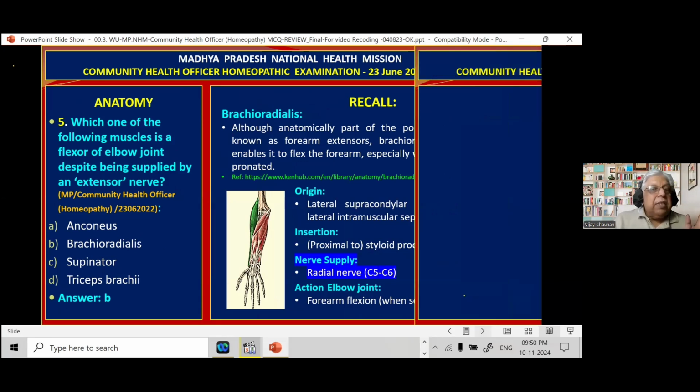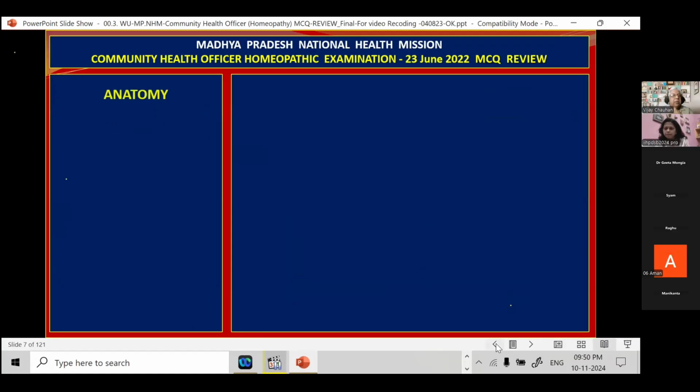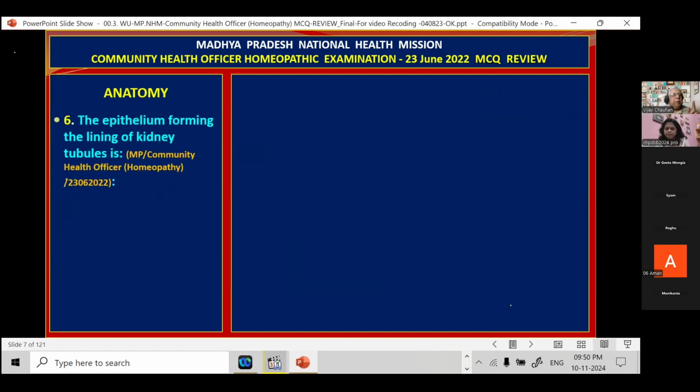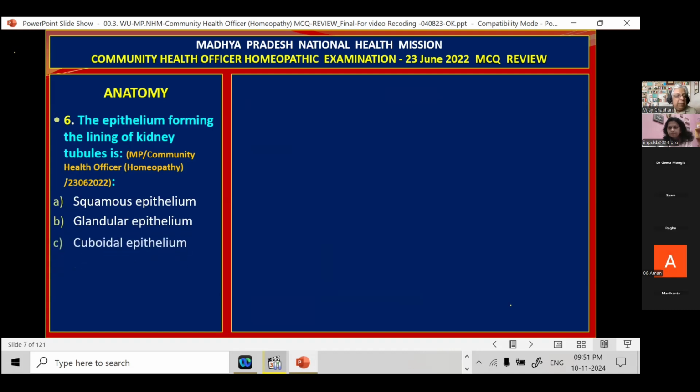Question number 6 in anatomy. The epithelium forming the lining of kidney tubules is: A, squamous epithelium; B, glandular epithelium; C, cuboidal epithelium; D, columnar epithelium.